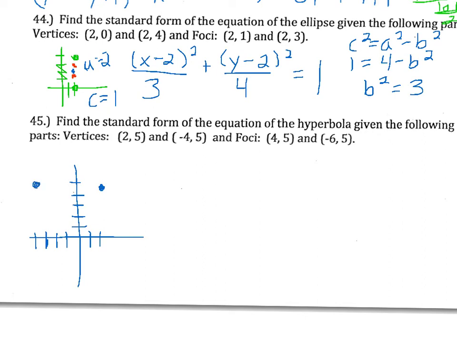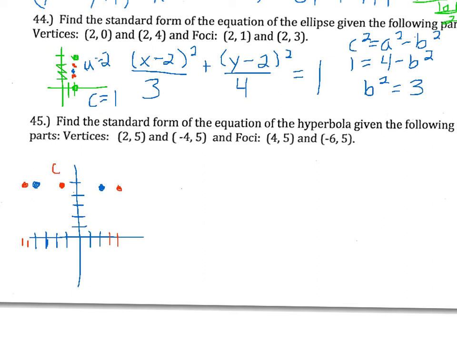And we have foci at (4, 5) and at (-6, 5). So, based off of this picture, we can find our center. Our center is going to be in the middle of our vertices. So, our center will be at -2, 5.